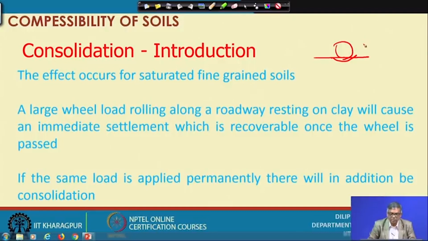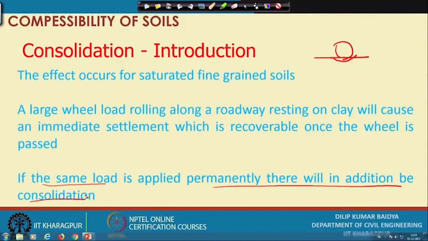So if the same load is passing, then it recovers, but if the load is kept continuously for a longer period, then in addition there will be a permanent consolidation settlement.